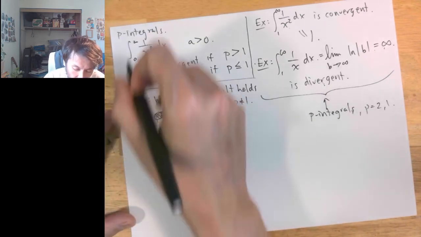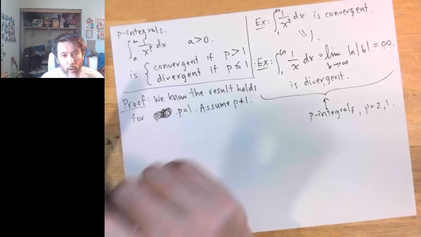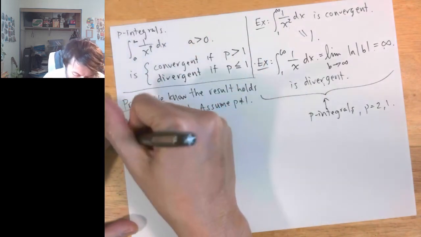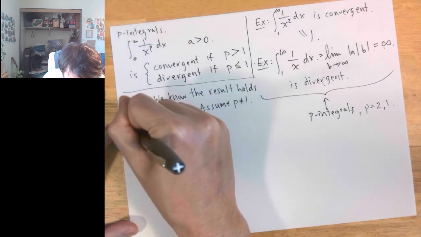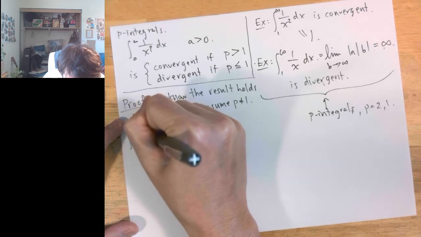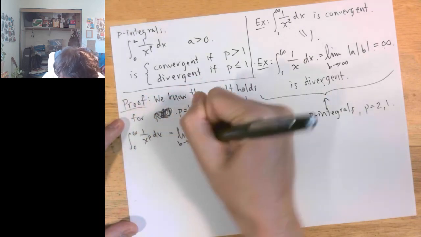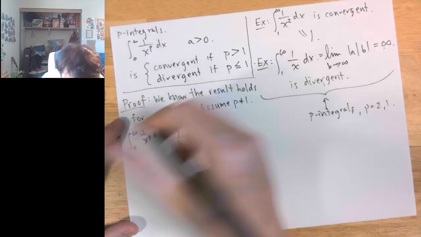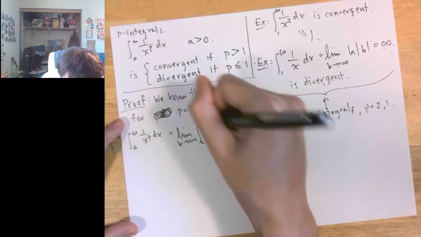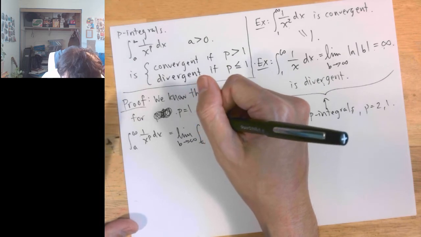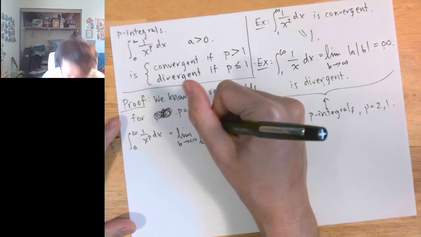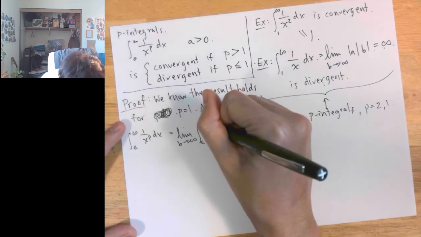All right, then we can go ahead and try to evaluate this integral in a straightforward way. We have the integral from a to infinity of 1 over x to the p, which is the limit as b goes to infinity of the integral from a to b of 1 over x to the p.